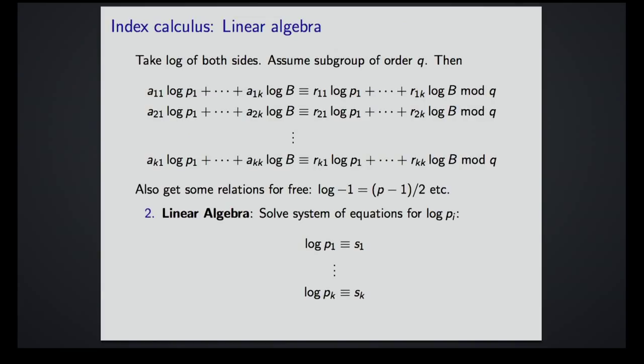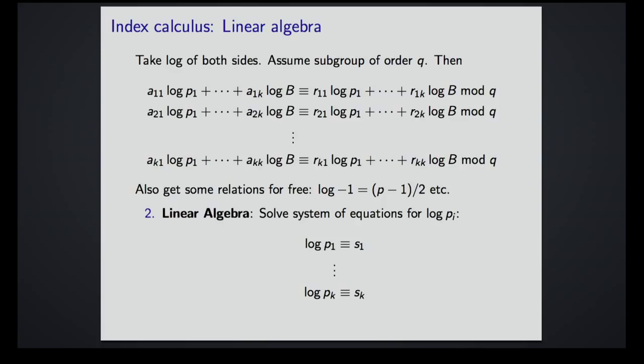So once we have generated a bunch of relations, well, what are we actually doing here? I can write out each relation here, and I've just taken the log of both sides. So I've moved from a product to a sum, and so I've got some exponents, and the logs of all of these small primes, which I don't know what the log of these small primes mod p is, but I want to solve for it. So now I have a bunch of linear relations in terms of these logs of small primes.